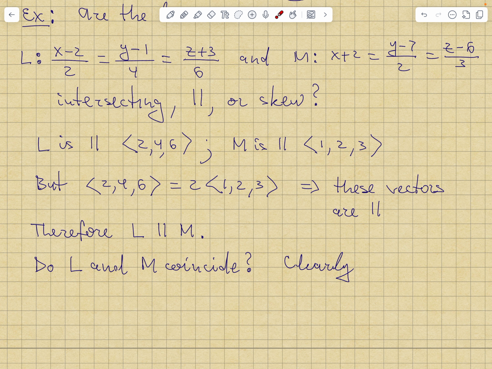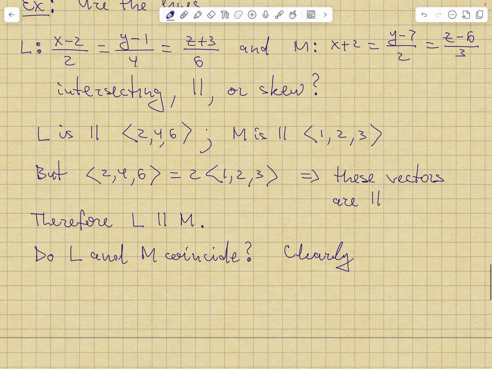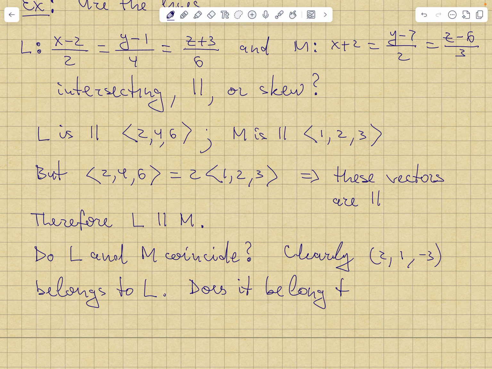So clearly in this case, point 2, 1, minus 3 belongs to L. Does it belong to M? How do we check that? We simply take 2, 1, minus 3 and substitute into the equation for M.